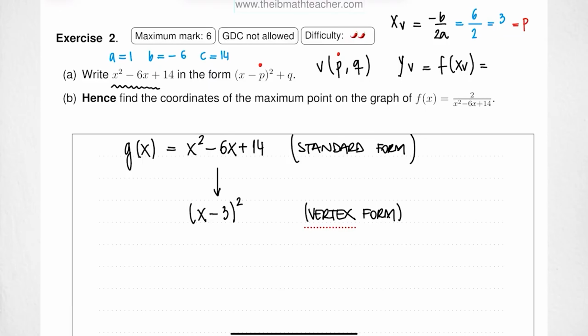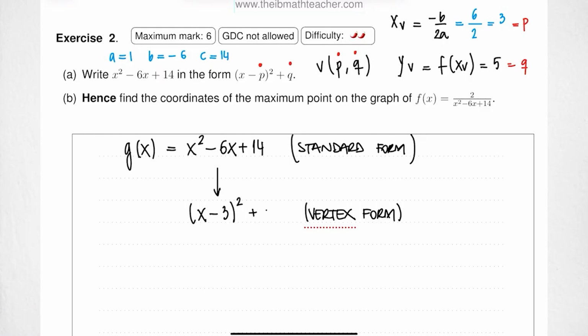We need to plug in 3 into the quadratic, meaning 3 squared minus 6 times 3 plus 14, which is equal to 5. Now do notice that this is being represented as q over here. So that's how we write x squared minus 6x plus 14 as (x minus p) squared plus q. In other words, we just completed the square.